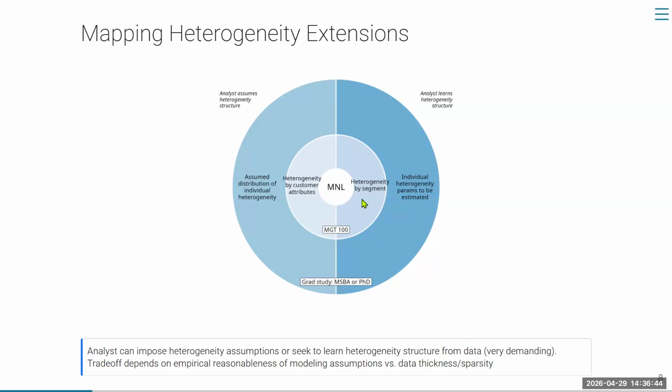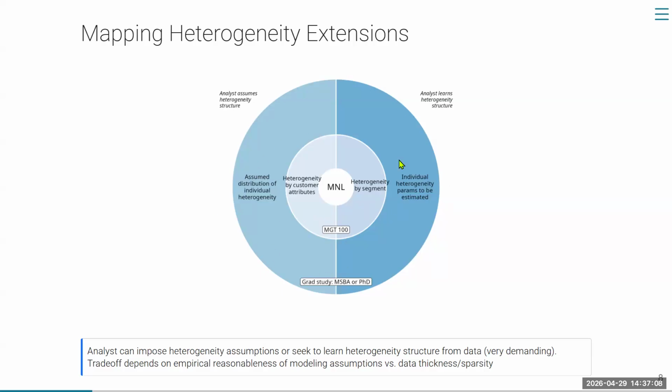On the other hand, we can do heterogeneity by segment, which will involve less restrictive assumptions on our part. And the data can decide how different the parameters might be between segments.